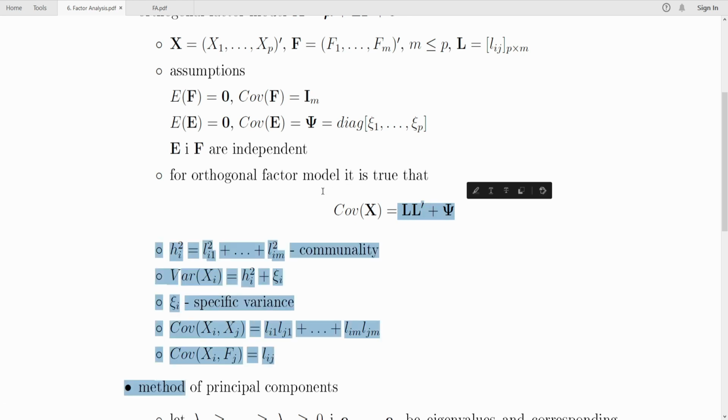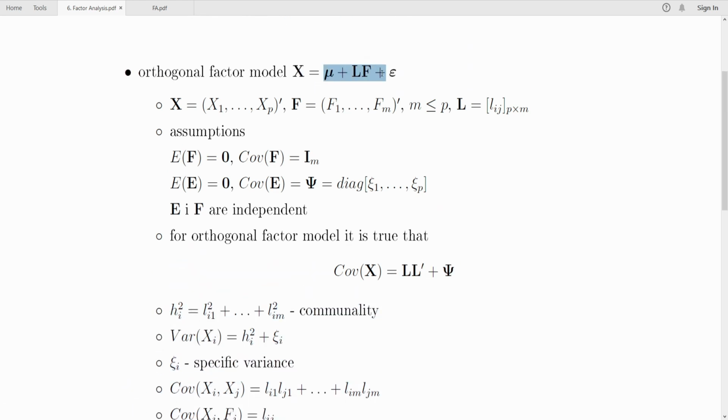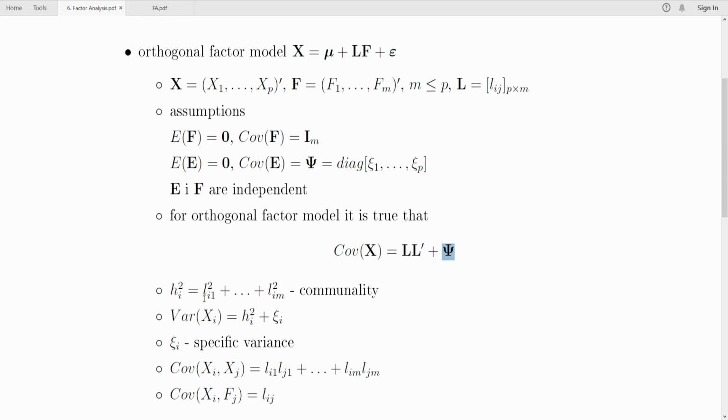From here, when you write this in matrix form and multiply and add these values, you can notice that the variance is the sum of these squared loadings plus the specific variance.